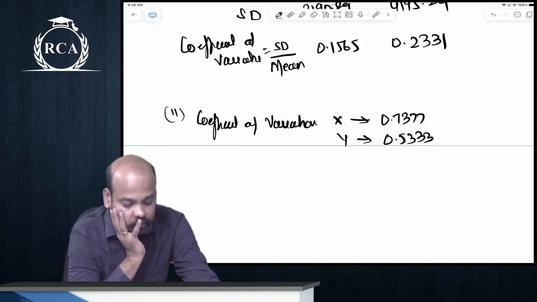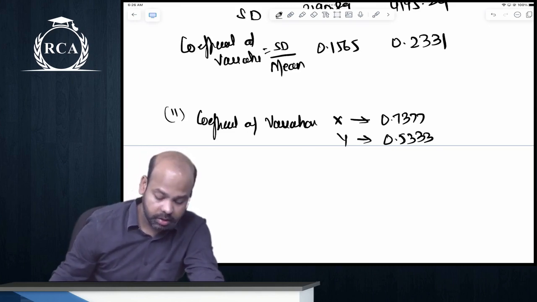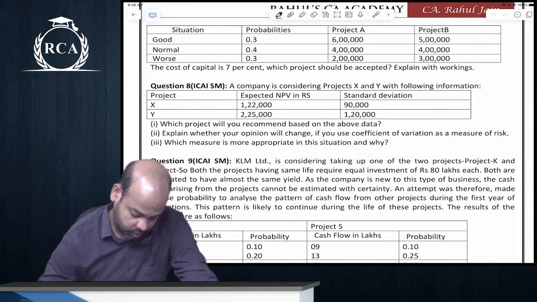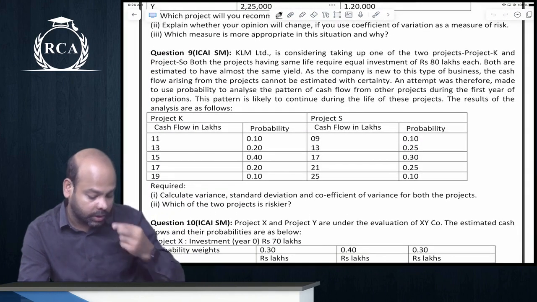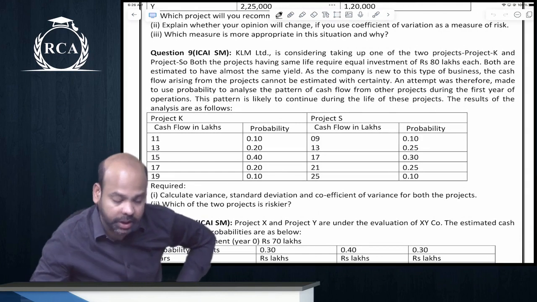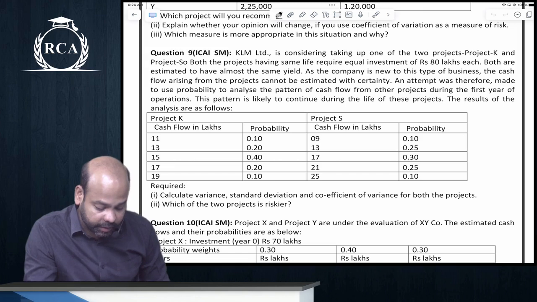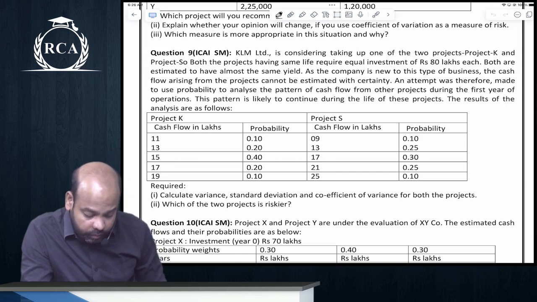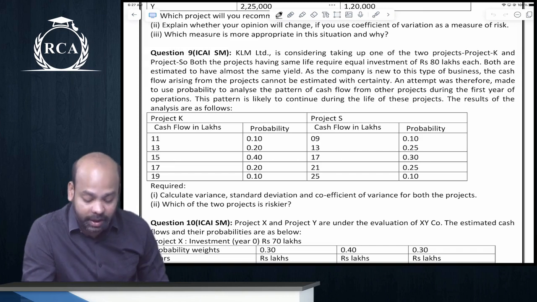Okay? Question number 9, guys. Regular concept, nothing new. KLM Limited is considering taking up one of the two projects, Project K and Project S. Both the projects have the same life, and require equal investment of 80 lakhs each.